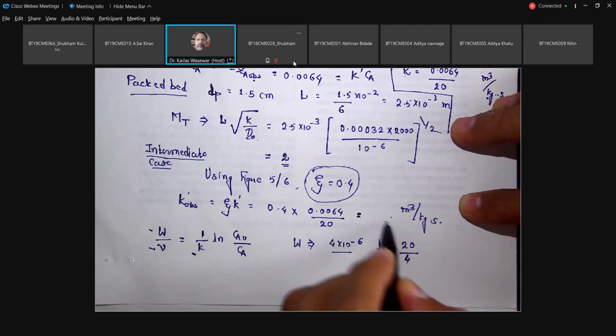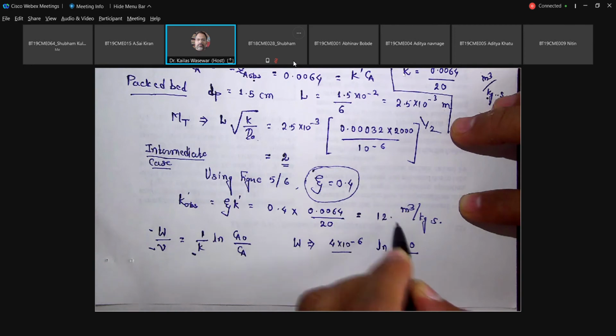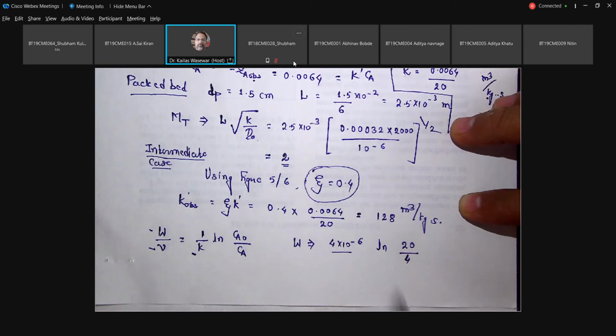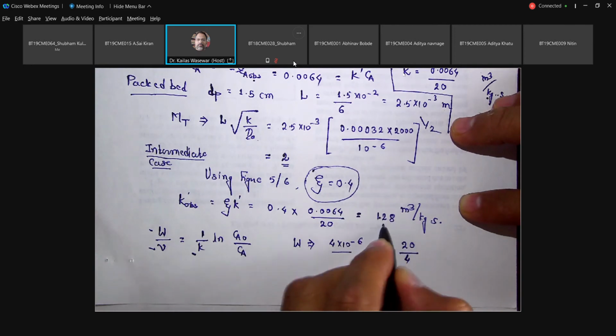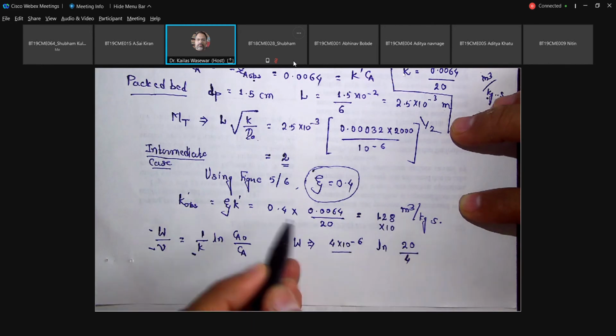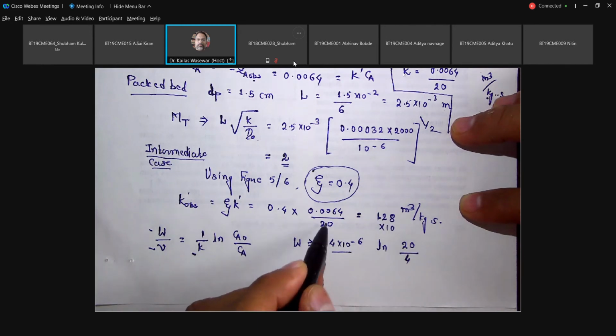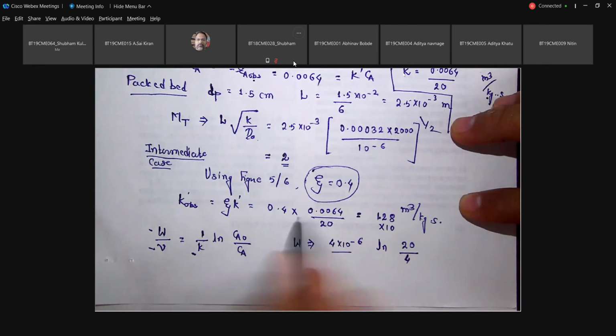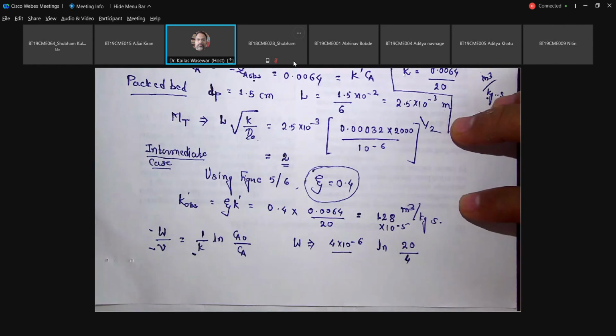It will be 1.28 into 10 to the power, how much will it go? I think 10 to the power minus 5. I think.